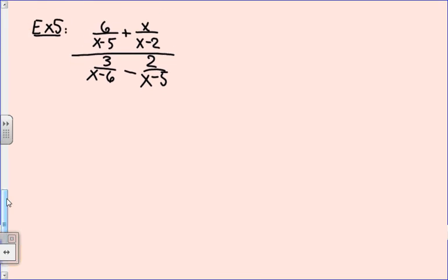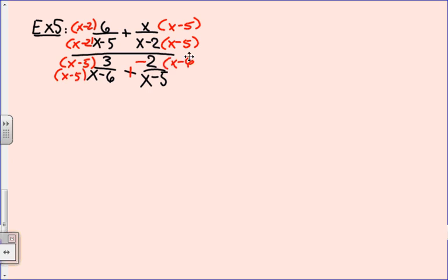Okay, what do you think the first thing I want to do on this one? Common denominator, so let's go on the left. Let's go on the right hand. Here we go.